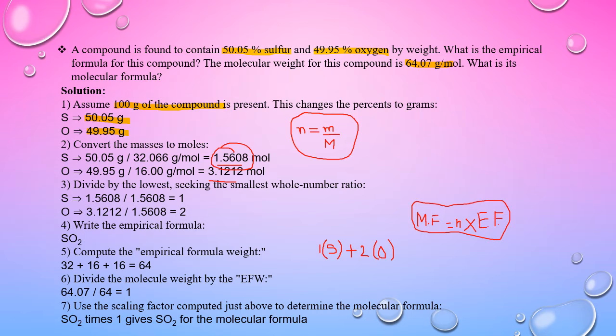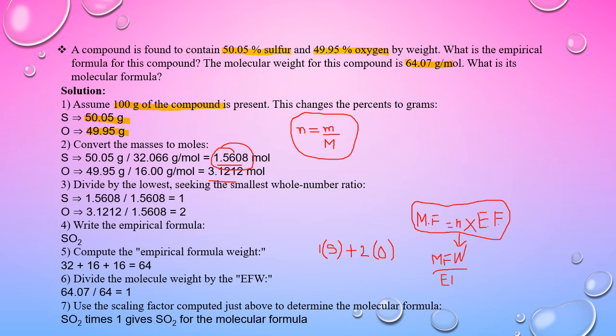Now how do we calculate the integral number? We calculate it by dividing the molecular formula weight by the empirical formula weight.